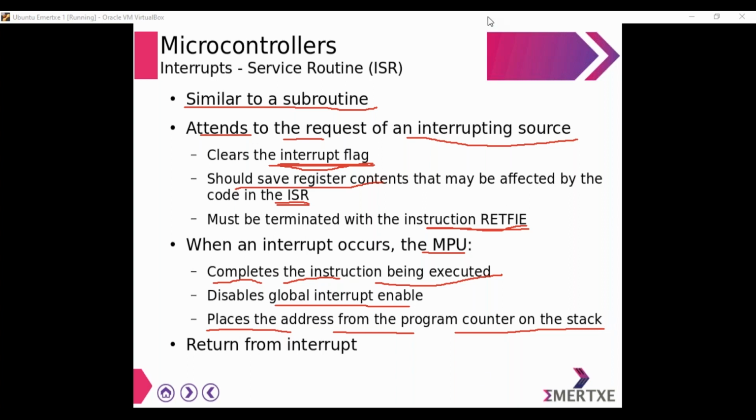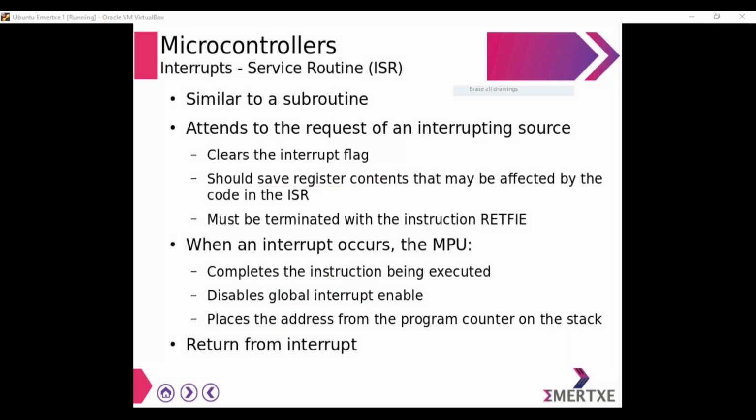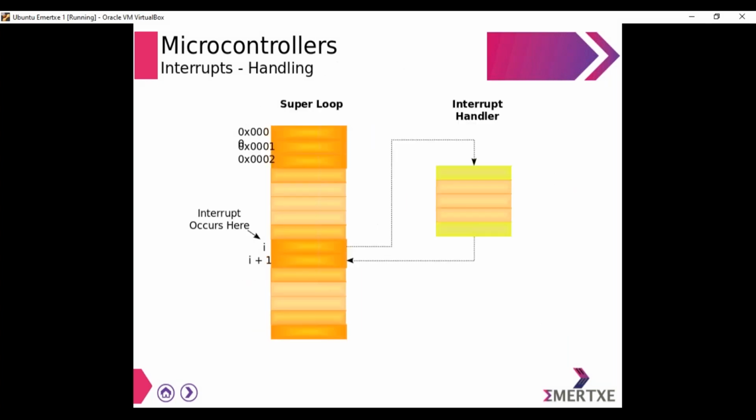So what is this program counter? It is like a register which stores the addresses of the instructions to be executed one after the other. For example, in this slide, the program counter will have the address of the first instruction, second instruction, third instruction, fourth instruction, ith instruction, I+1 instruction. Every address will be stored in the program counter.